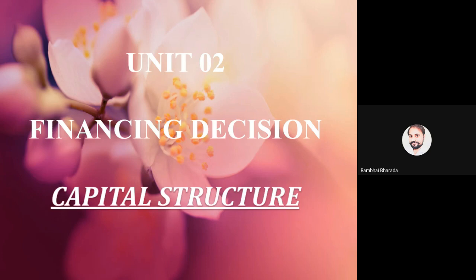Tea means capital structure is a combination of what? Milk, sugar, tea and tea masala. These 4 are there. Similarly, it is a combination of equity, preference, debt, and internal sources. Are we clear? Capital structure means a combination of these 4 elements, these 4 ingredients: equity, preference, debt, and internal sources.